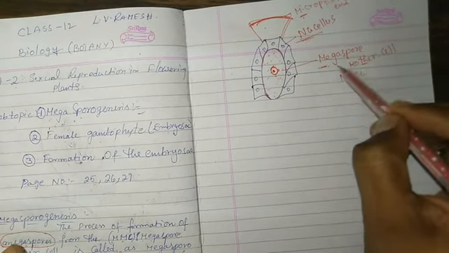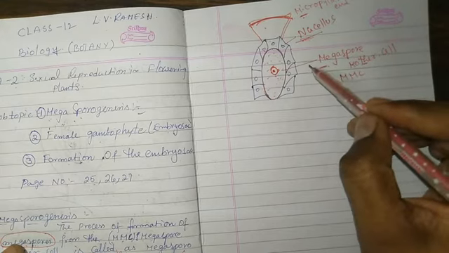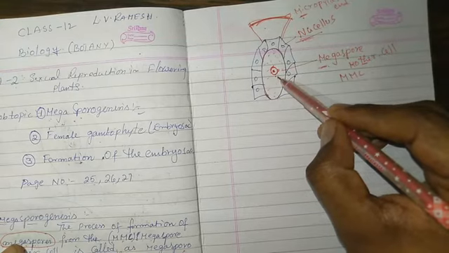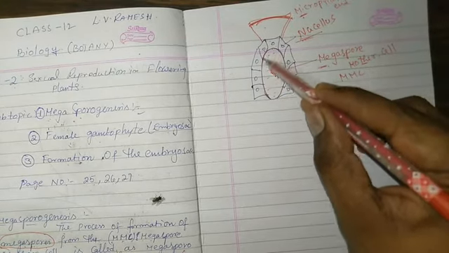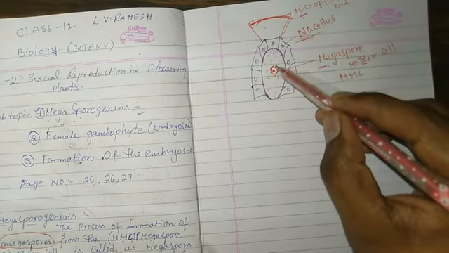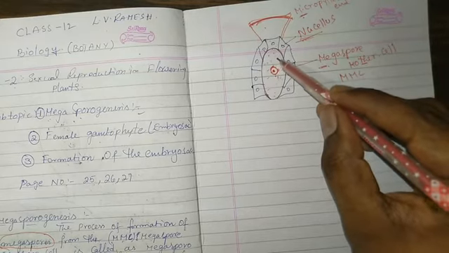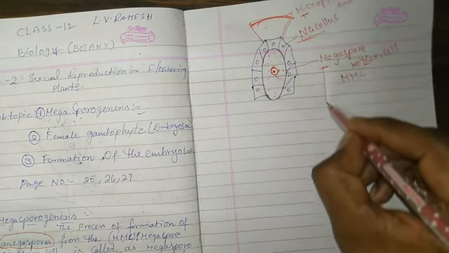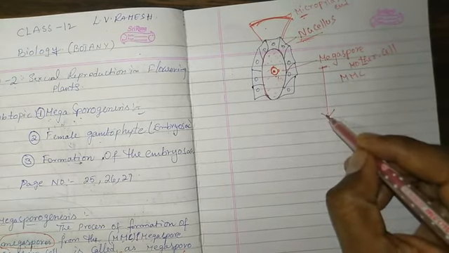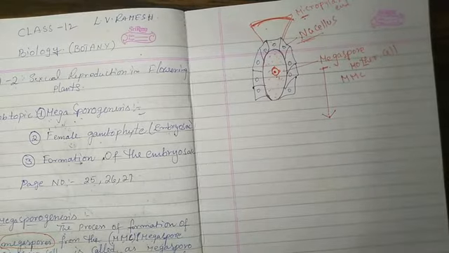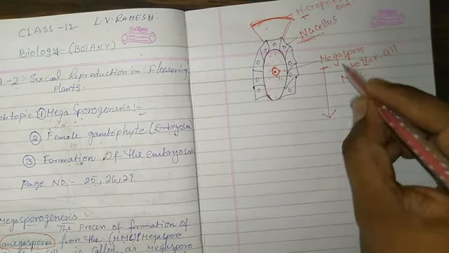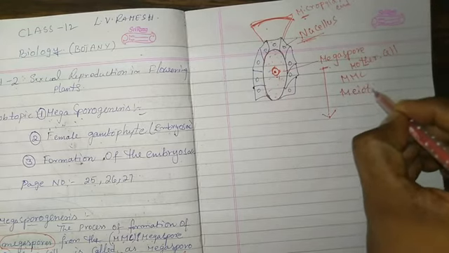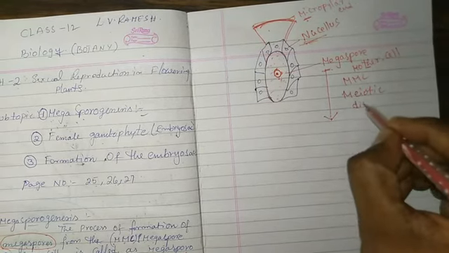This mother only makes their children, which are nothing but megaspores. How? If you see this megaspore mother cell, it is an oval shaped and largest cell. And this megaspore mother cell makes the megaspores by undergoing meiotic division.